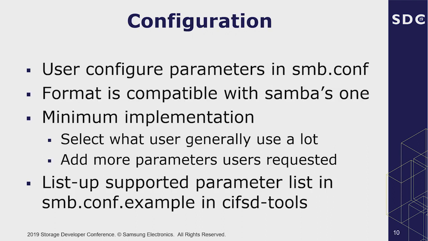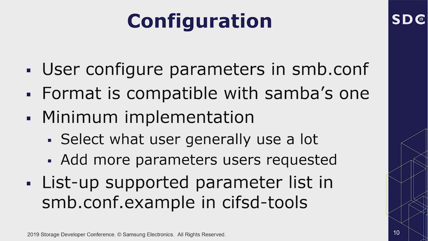CIFSD also has the ability to configure the server. Like Samba, users should write parameters in the smb.conf file. The parameter format is almost compatible with Samba's. This is to make CIFSD as easy as possible for users familiar with Samba. There are many configuration parameters in Samba. I saw that implementing everything at once was difficult and unnecessary.